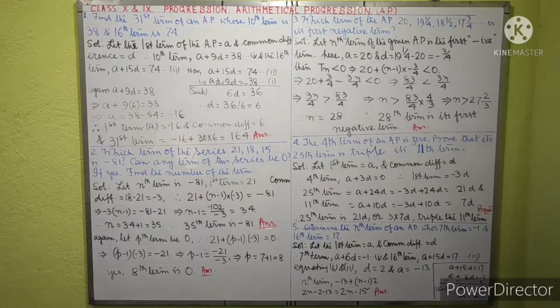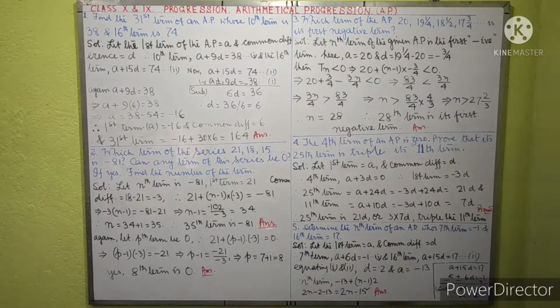Therefore the first term is minus 16 and the common difference is 6. Therefore the 31st term will be A plus (31 minus 1) into 6, that is minus 16 plus 30 into 6, that is 164. This is the answer. You have to remember the formula that was discussed in the previous class.